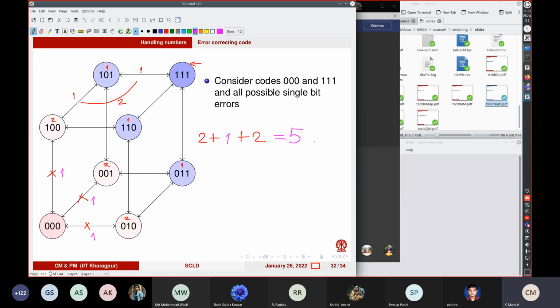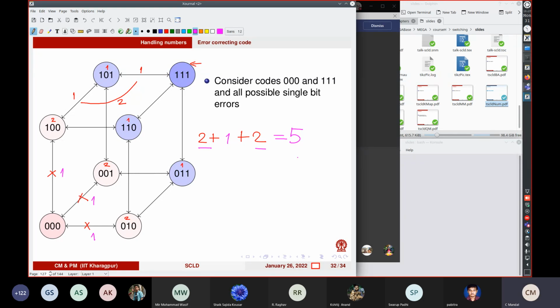You can say that if you permit 2 bits to be in error, then this is the minimum separation which is required to be able to recover from the error. All right. So the Hamming code.